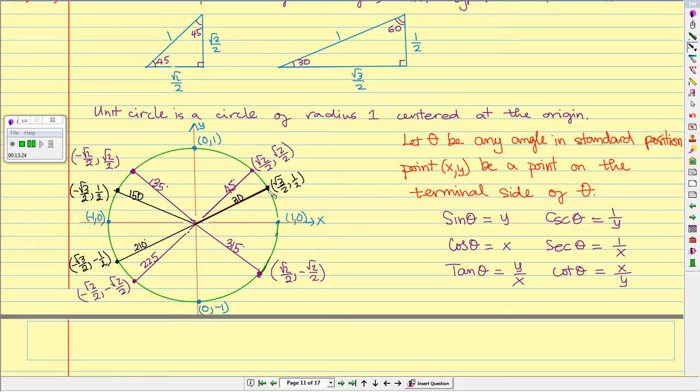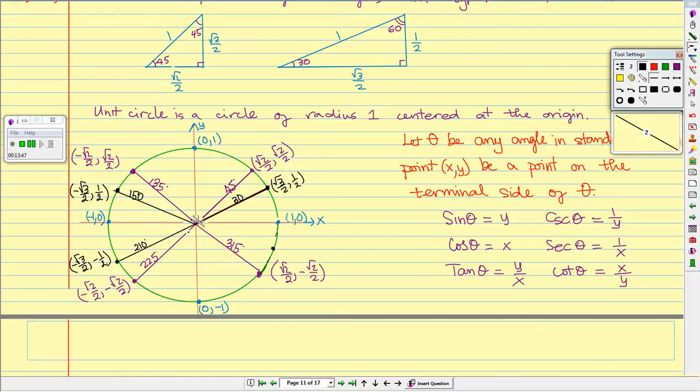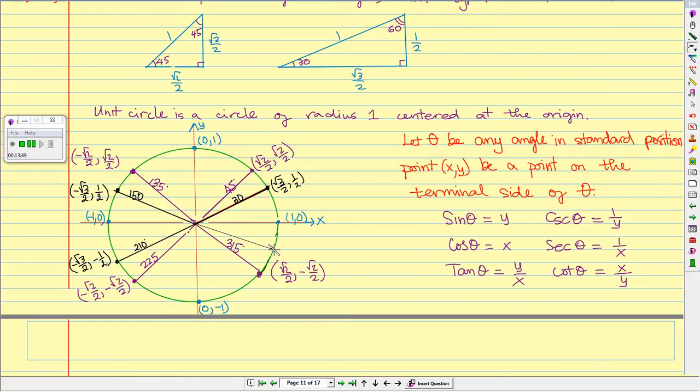So now we need to go to quadrant 4. We take the point where the 30 degree terminal side is and reflect across the x-axis, and we draw the terminal side of that point.